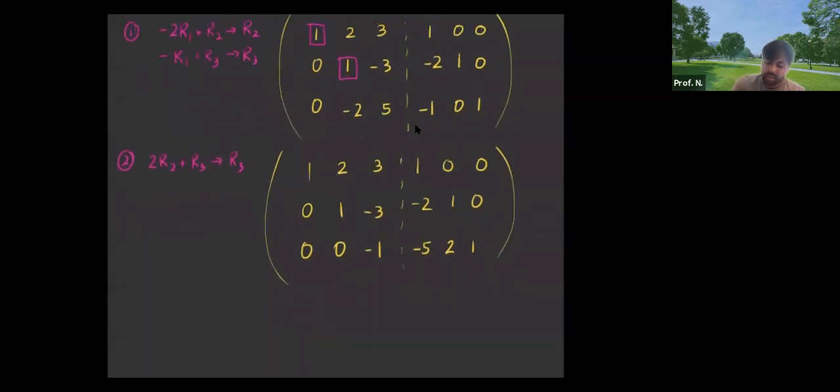And then with the next step, I want to negate row 3 and make this my new row 3. And this becomes 1, 2, 3, 0, 1, -3, 0, 0, 1. So we're in good shape, right? This becomes 5, -2, -1, and -2, 1, 0, 1, 0, 0.